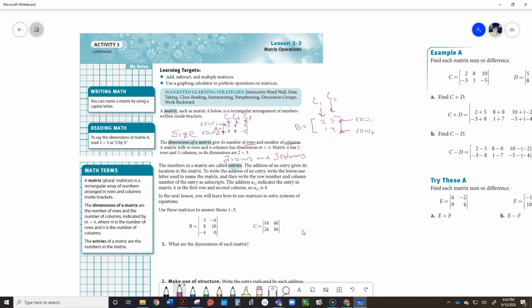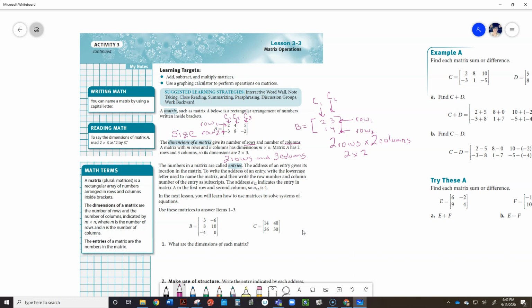So it has 2 rows and it has 2 columns. So this matrix that I called matrix B would be a 2 by 2. They want to know, what are the dimensions?